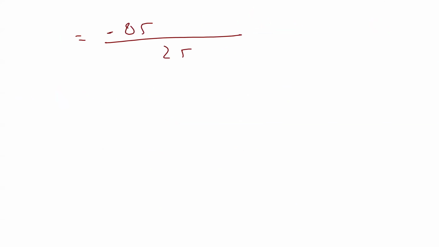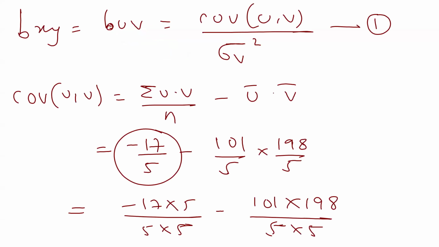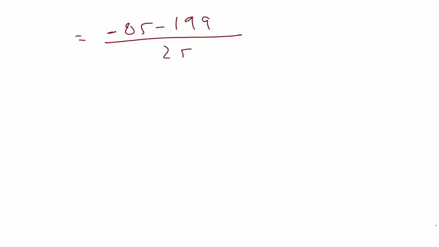So minus 85, 101 into 198 is 19,998, plus 85. That is equal to minus 20083 upon 25. That is covariance between u and v.